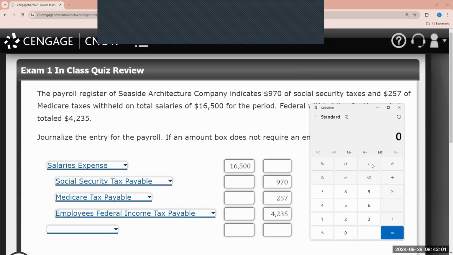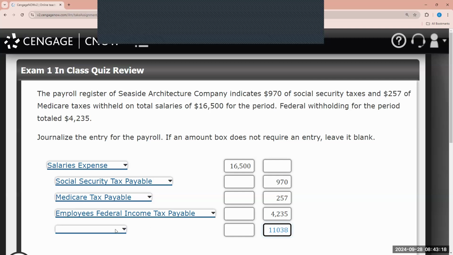So therefore, the difference between the two is our net pay to employees. So 16,500 minus 970 minus 257 minus $4,235. So 11,038 represents our salaries payable, the amount that we are going to pay our employees.